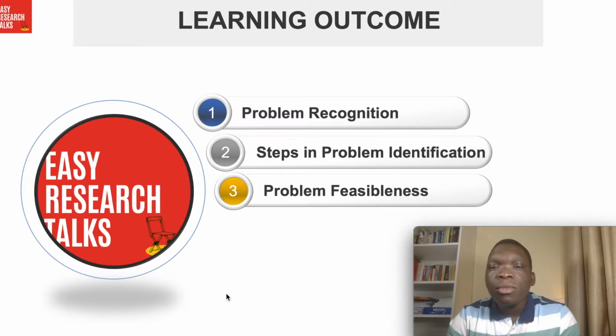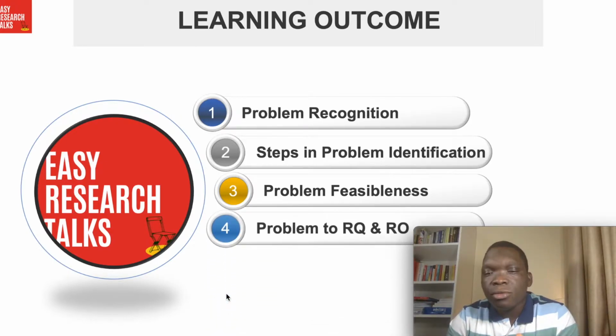Thirdly, we will also talk about some feasibility studies that you can also do to ensure that the research problem that you are coming up with is actually worthy and is of quality.